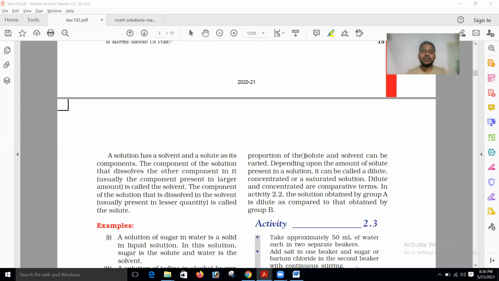Okay, and the amount of solvent is always more than the solute. The component of the solution that is dissolved in the solvent is called the solute. মানে যোনটো component solventত dissolve হৈ যায় সেইটোক আমি solute বুলি কওঁ, আৰু এটা সদায় solventতকৈ কম থাকে.